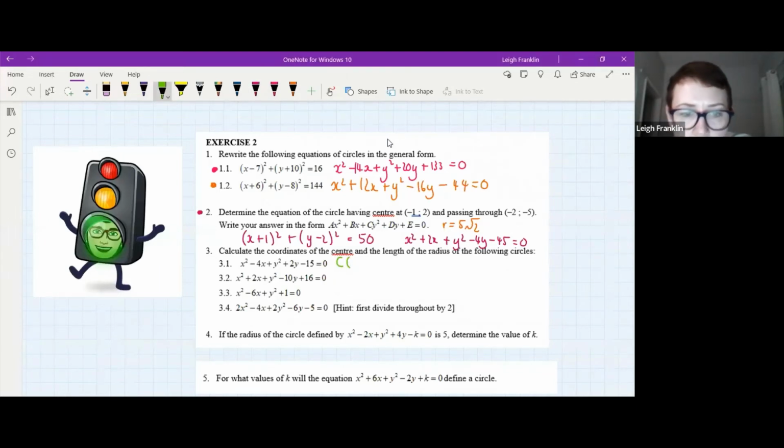Ma'am, I got the equation x minus 2 squared plus y plus 1 squared equals 20. So the coordinates are 2 and negative 1, and the radius is square root 20.